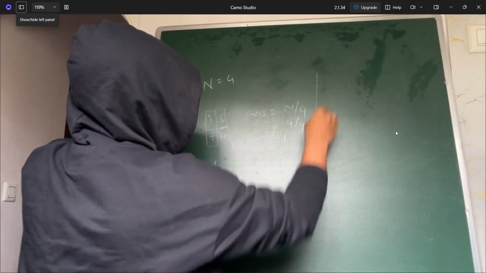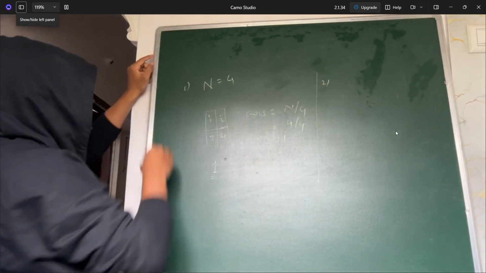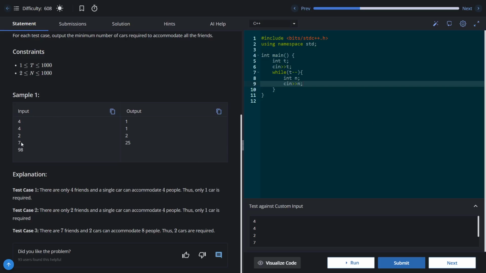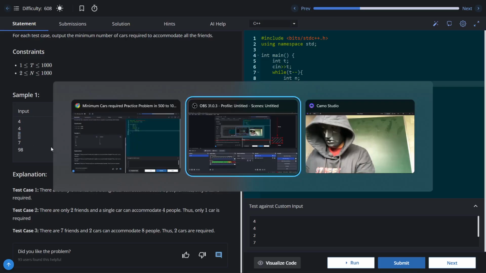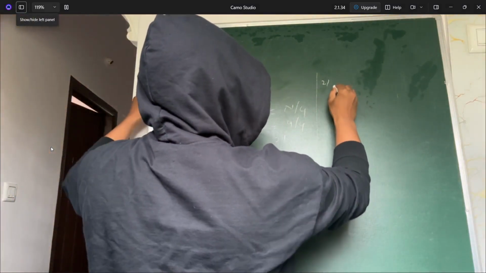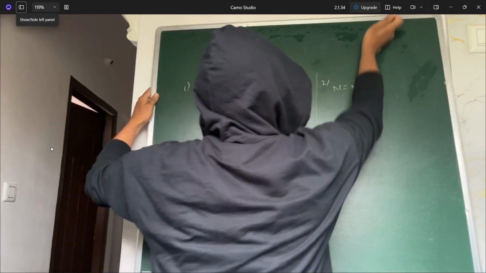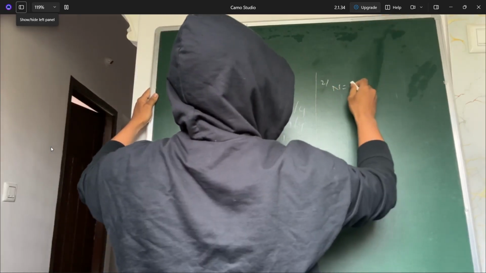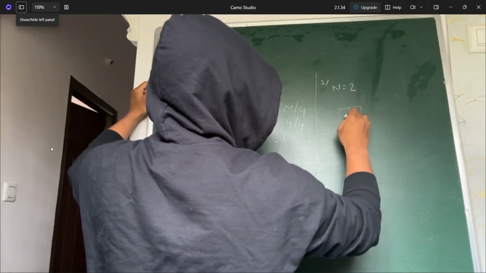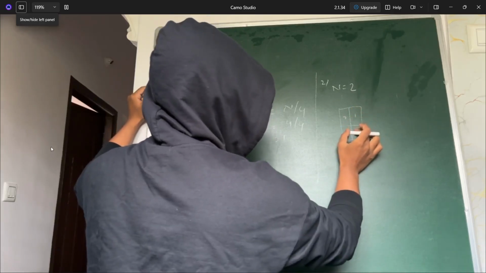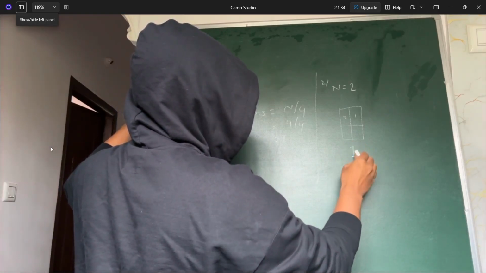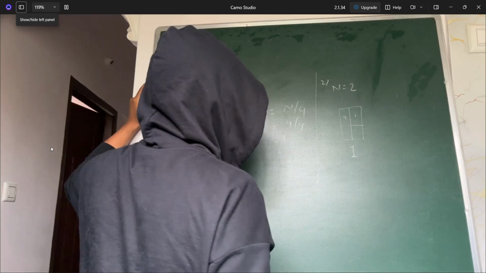Let's try to take the second example. In the second example, the number of friends is only 2. So n is equal to 2. If you try to visualize, 2 friends will be sitting and 2 seats are left vacant. We need only one car so that both friends can go to a restaurant and have some food.